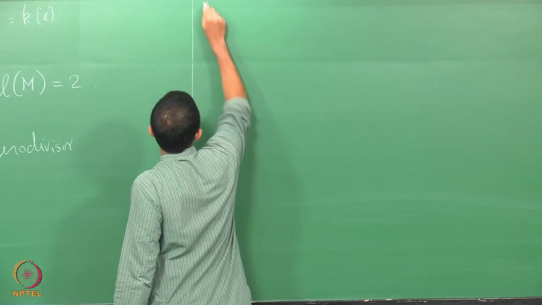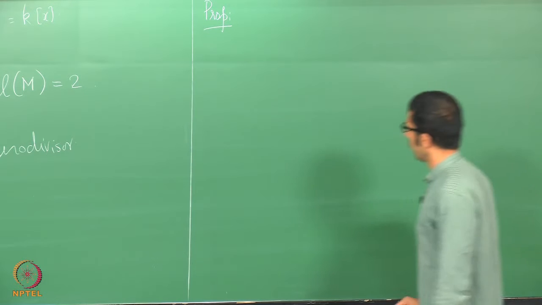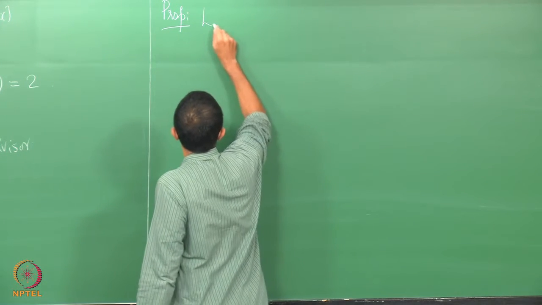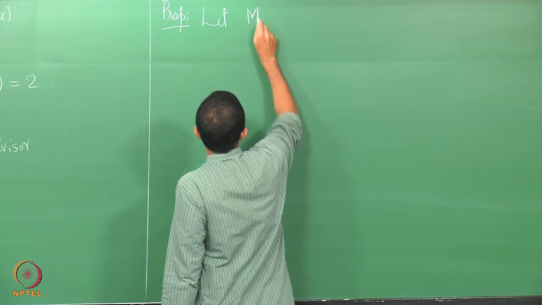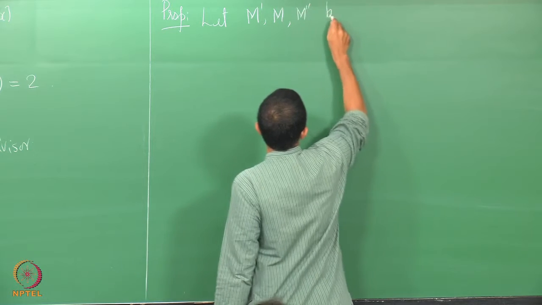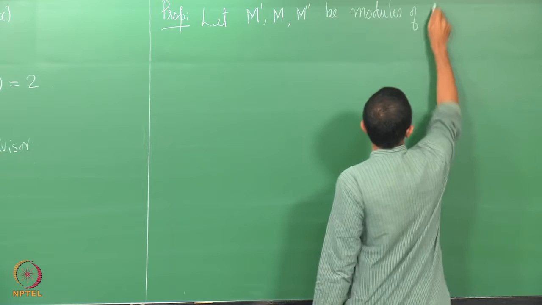Let us look at some properties of length. Let M prime and M double prime be modules of finite length.